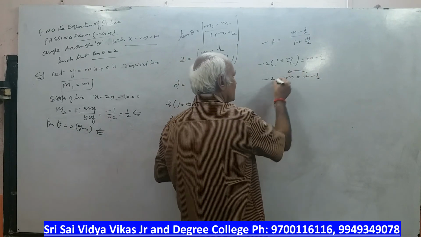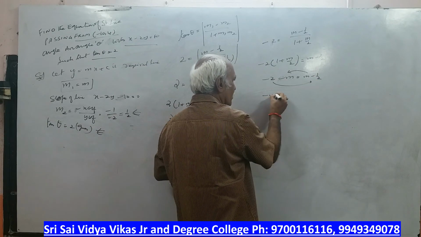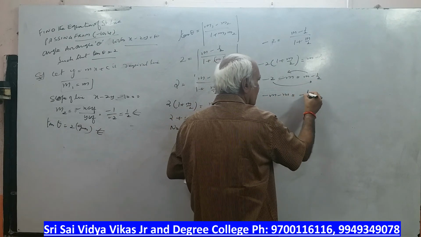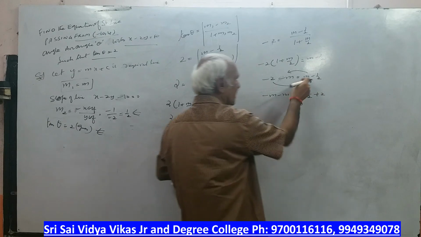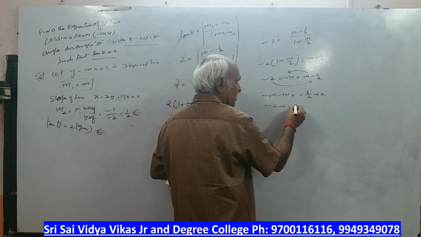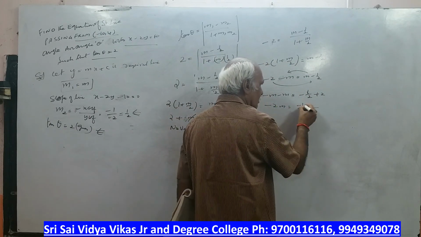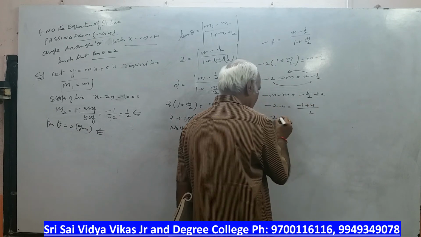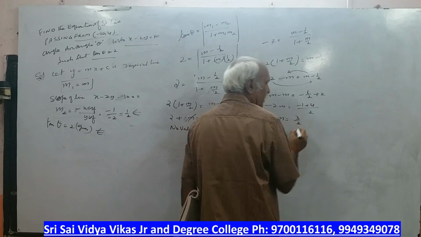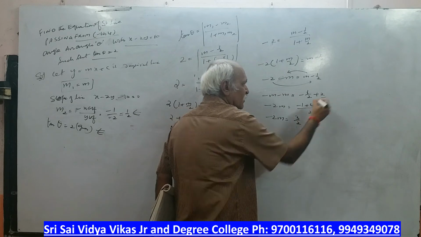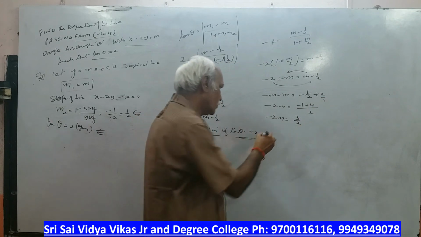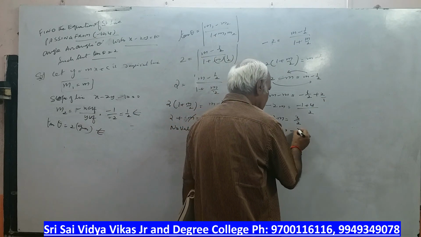Bring m this side, minus 2 this side. So minus 2m is equal to minus 1 by 2 plus 2. LCM is 2, so minus 1 plus 4. So minus 2m is equal to 3 by 2.